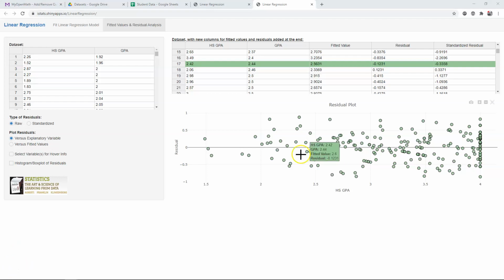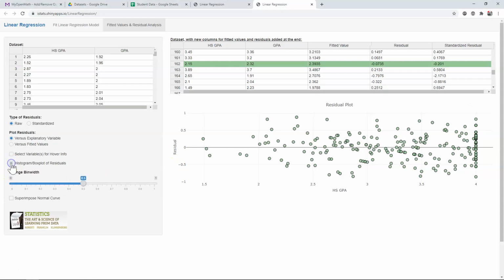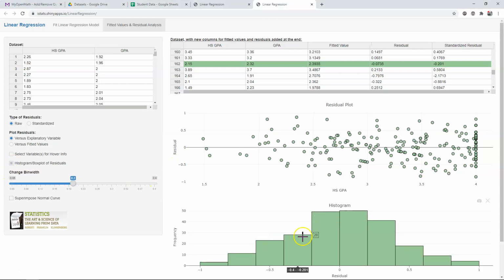In addition to that plot, we can also look at a histogram of our residuals just by clicking the box. And one thing that we're often going to be looking at is whether that histogram is approximately normal. Does it have that symmetric shape, which this one does? Because this is a good sign that our regression line is doing a good job.